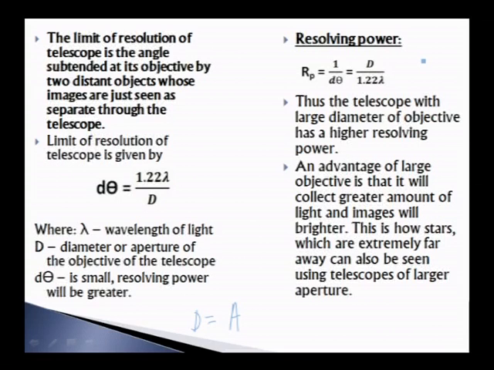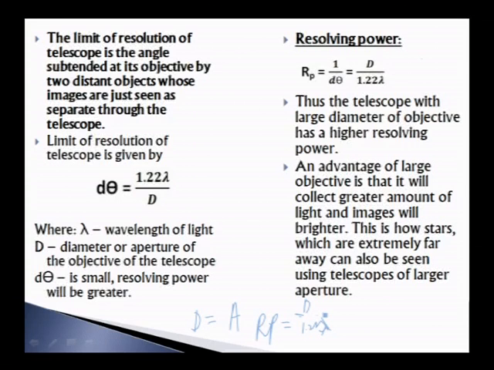So the resolving power of a telescope is equal to d divided by 1.22 lambda. Here, since the wavelength lambda is constant, the resolving power of a telescope only depends upon the diameter, that is, the aperture. The wider the size of the objective of the telescope, the better such a telescope can resolve two closely lying objects very clearly.